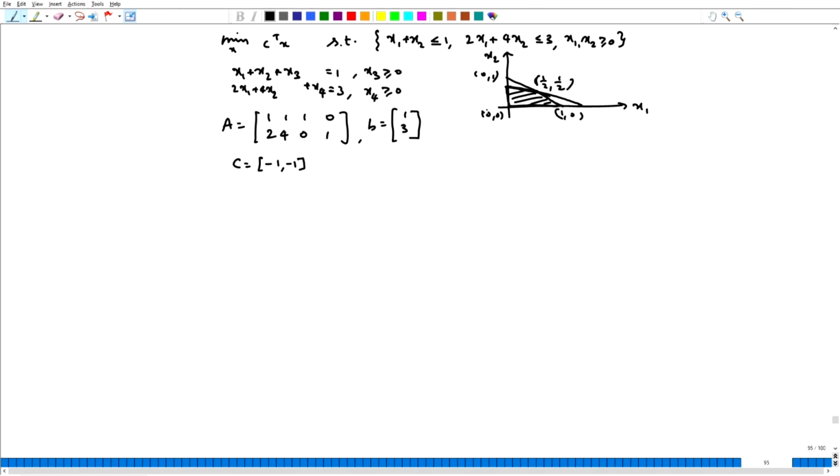This gives you 0, this gives you -1, this gives you -1, this also gives you -1. Oh, I am sorry, (0, 1) is not the vertex here; (0, 3/4) is the corner point. Please correct this and keep the corrected vertex in mind.